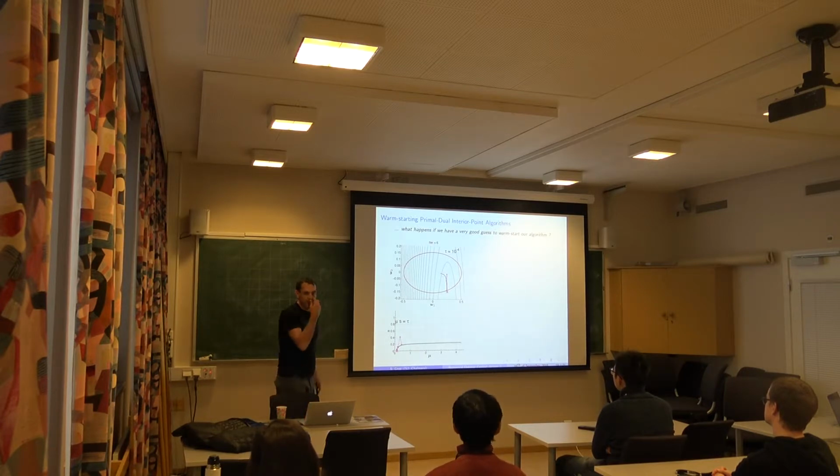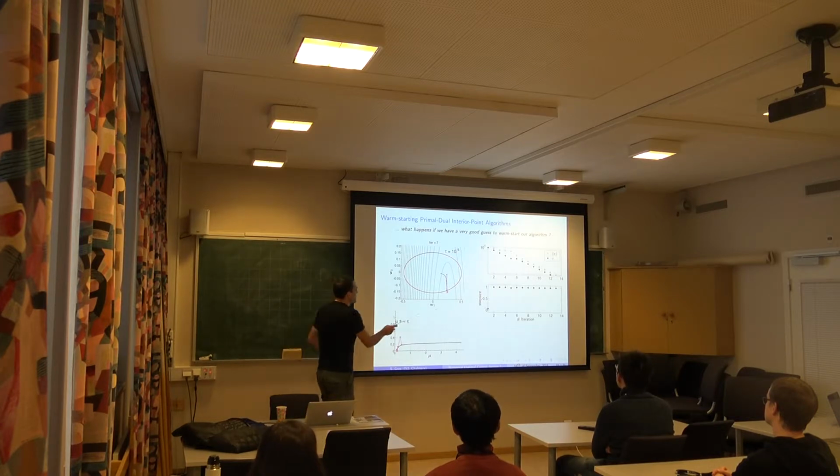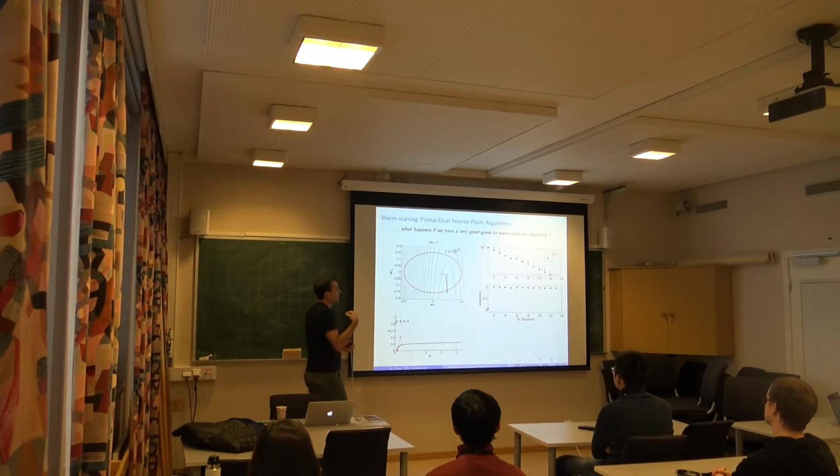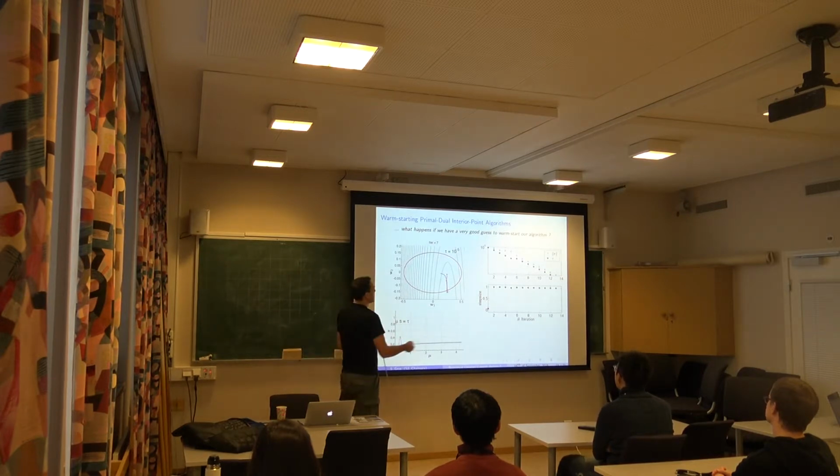You got that? So what's happening here is that even though we started from a very good initial guess, the interior point algorithm actually went back home, in some sense, to where tau is large and then comes back. So you have this effect of retracting along the central path before going down.